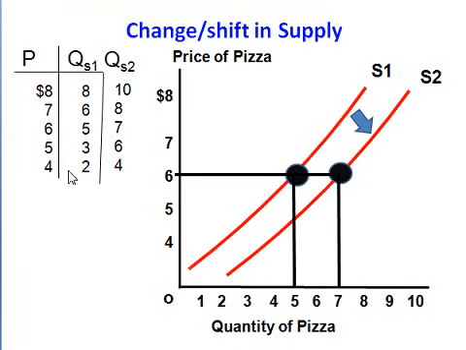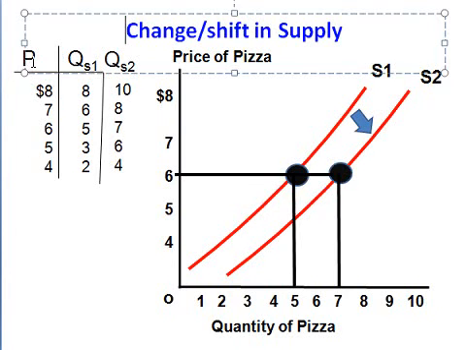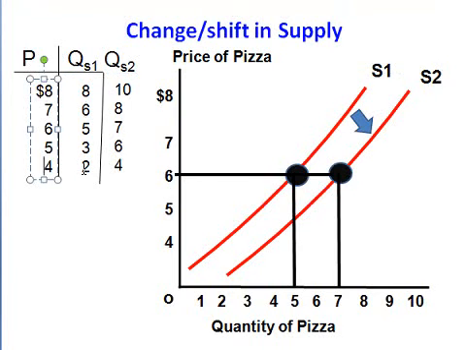Okay, so here is the story. Here you can see the supply schedule. Suppose this is the price of the product, the price of pizza. When the price of pizza is $8, the supplier supplies 8 pieces. At $7 he supplies 7 pieces. At $4 he supplies 2 pieces.